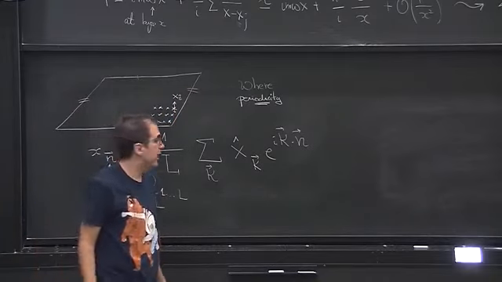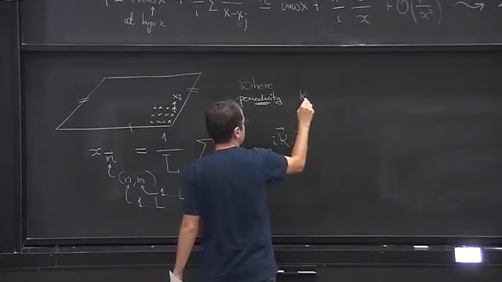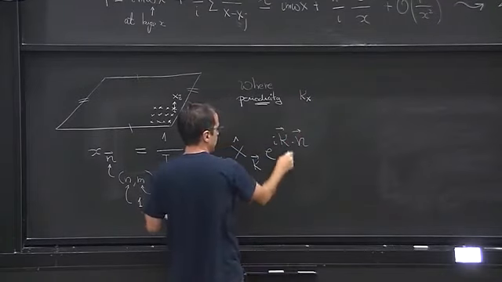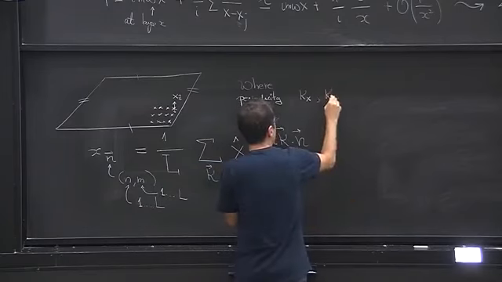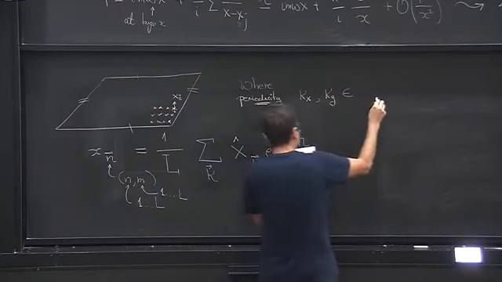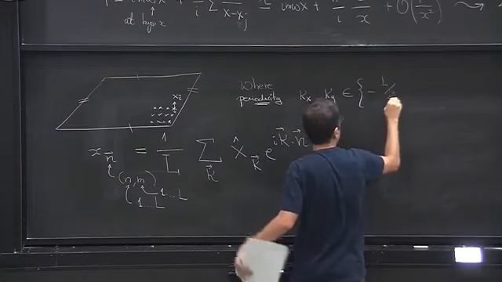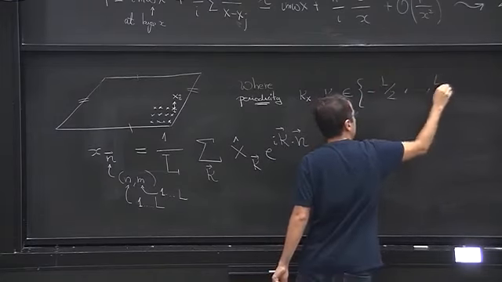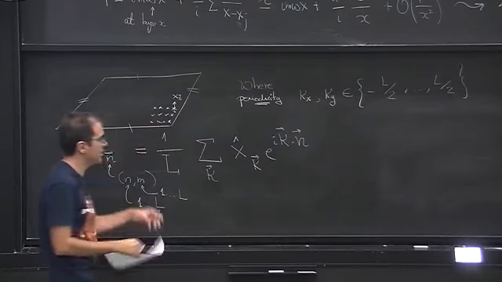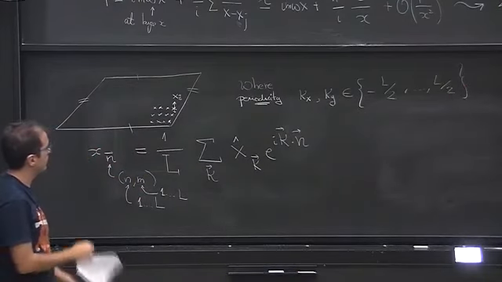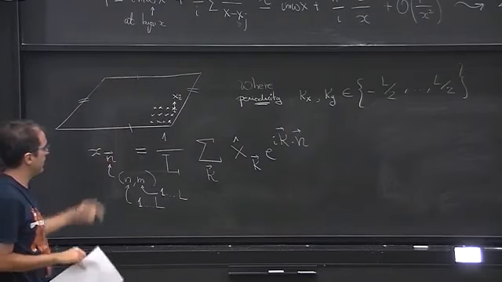And then periodicity means that this k, that kx, for example, kx and ky, they live in a lattice of points minus L over 2 up to L over 2, an integer lattice like this. Let's suppose L is even, such that this makes sense. Because then, when n shifts by L, I get back the same thing.